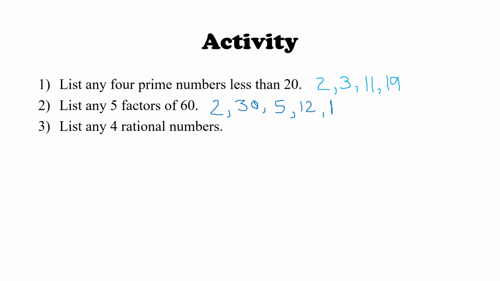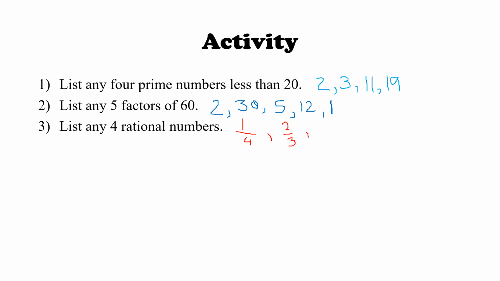Here they ask us to list any 4 rational numbers. And again, we have to understand what is a rational number. In the last video, we identified that a rational number is any number that could be written as a fraction. So here I could have something like 1 over 4. That's a rational. I could have 2 over 3. That's a rational.